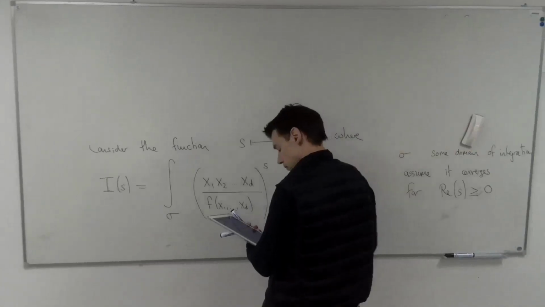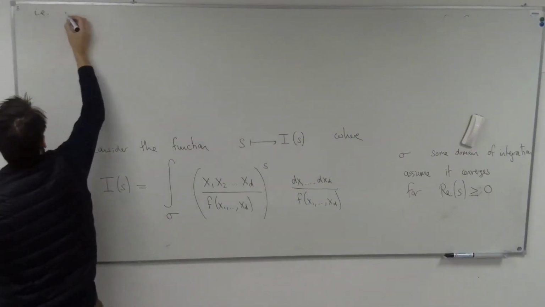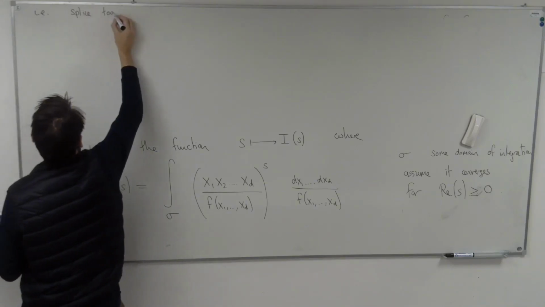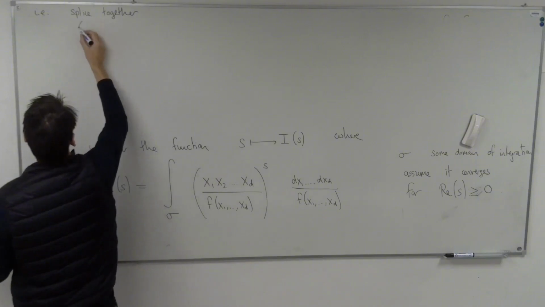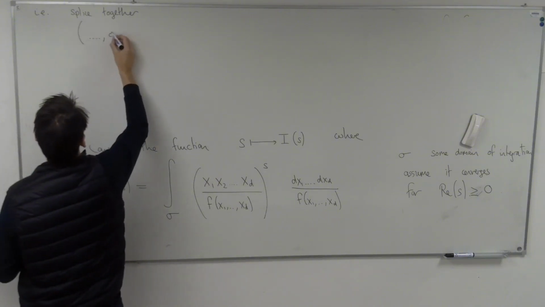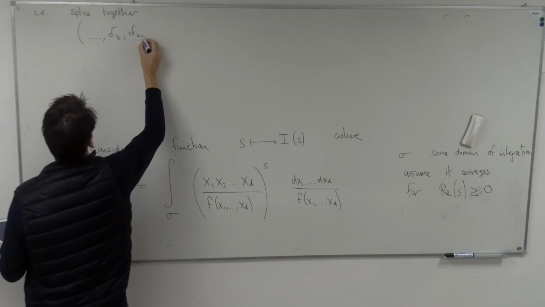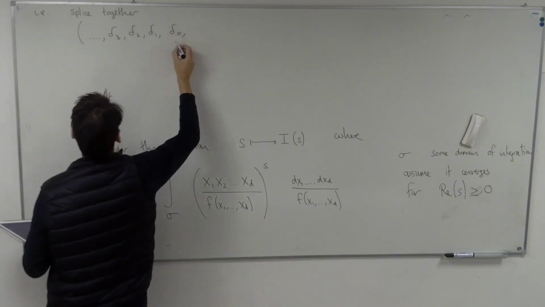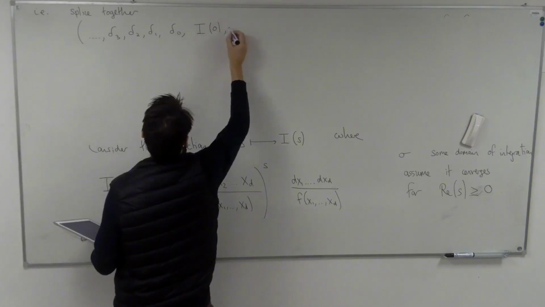So what we can do, in other words, we can splice together the diagonal delta 3, but do it backwards, and splice it with the Mellin moments.